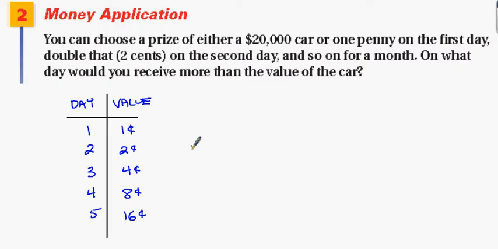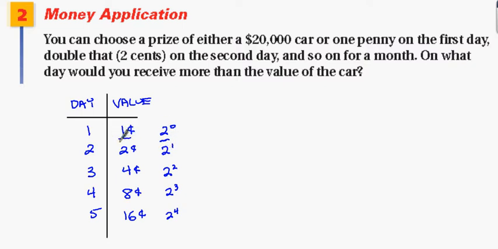So, if I were to look at this and say, gee, this is 2 to the 0. This is 2 to the first. This is 2 squared. This is 2 to the third. And this is 2 to the fourth. You could actually figure out an exponential equation, where this 2 is actually your base.